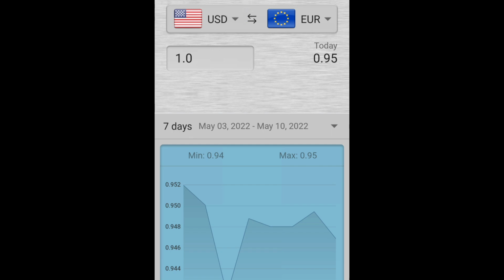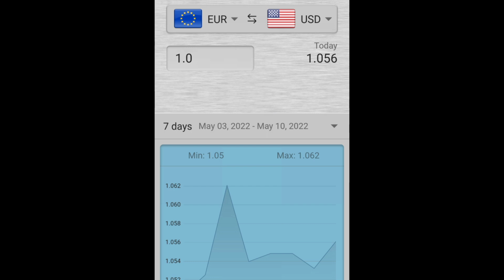If you interchange it to euro to USD, we have this data. 1 euro is equivalent to 1.056 US dollar as of today.